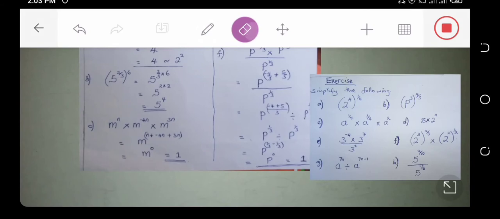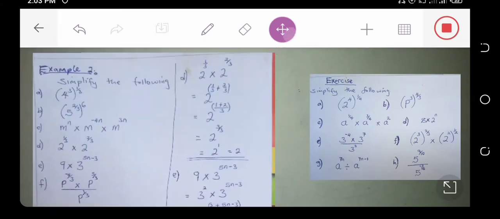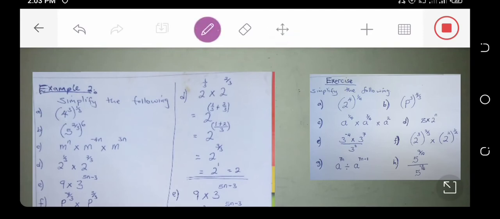So after that we go to D. When we come to D we are given 2 to power a third times 2 to power 2/3. Here we have something new: the powers are fractions. Even though they are fractions, given that we are multiplying indices whose bases are the same, we simply add the powers. So it remains the same: 2 to power a third plus 2/3.